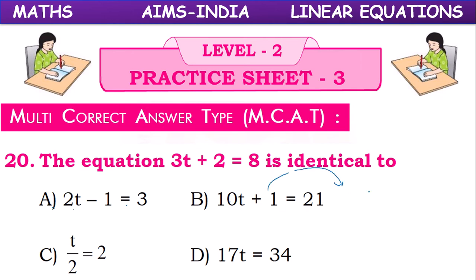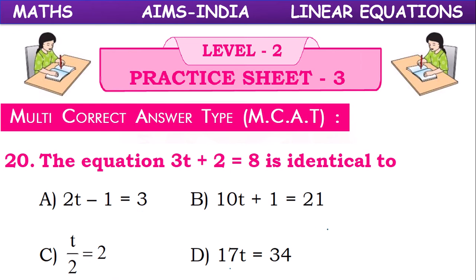Plus 1 will come this side. We can write it as 10t equal to 21 minus 1 or 10t equal to 20 or t equal to 20 by 10 which is equal to 2. So B option also identical to given equation. Third one, C option. T equal to, cross multiplication, 2 into 2, 4. So this is not identical.